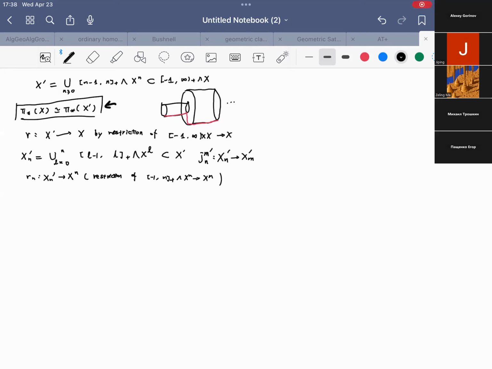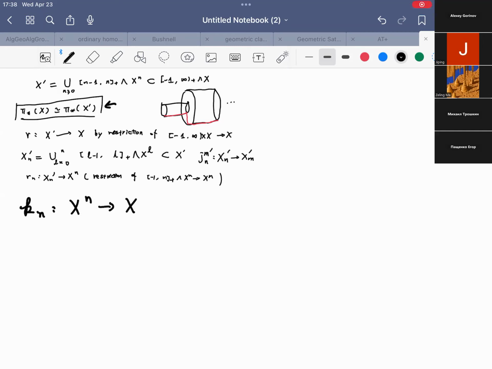So we have another notation here. Here I write K_n, but you need to think this is not the homology. I am very sorry, this is not a homology.